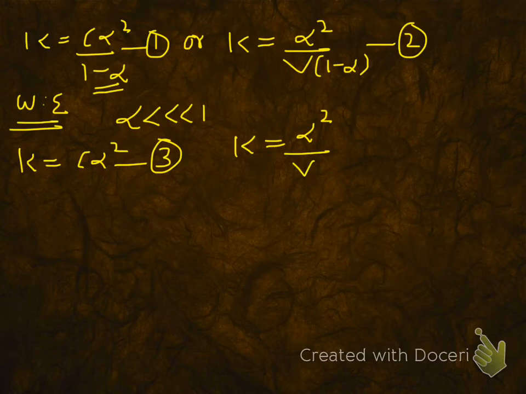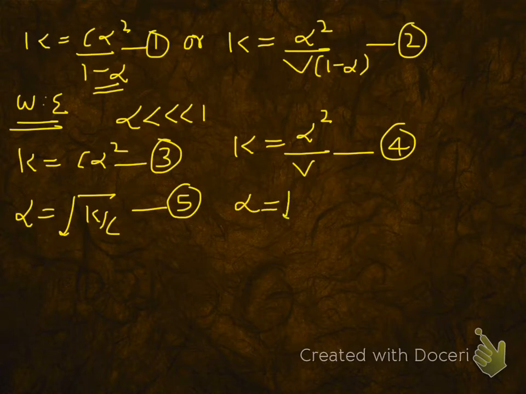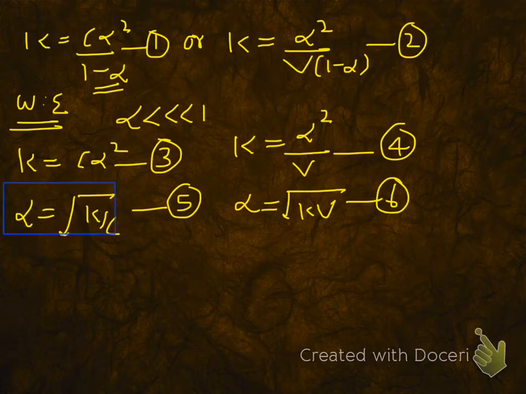From these two equations, again we can see that alpha equals root of K by C, or alpha equals root of K into V. These two equations, equation 5 and equation 6, are called Ostwald dilution law. What actually does this equation mean?